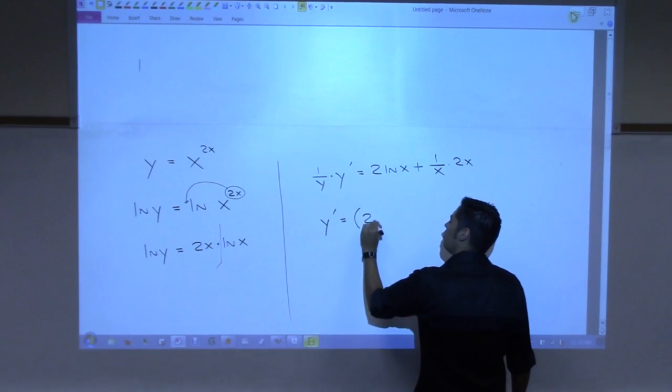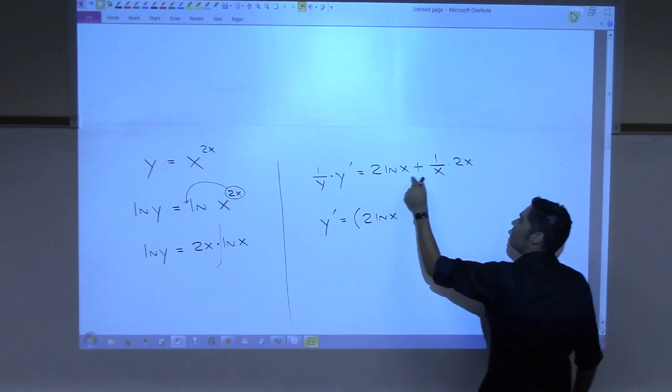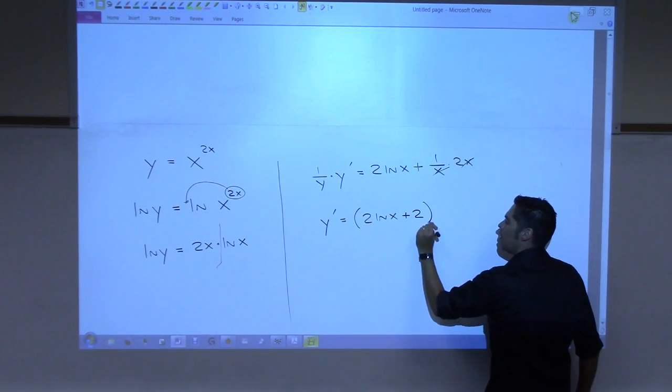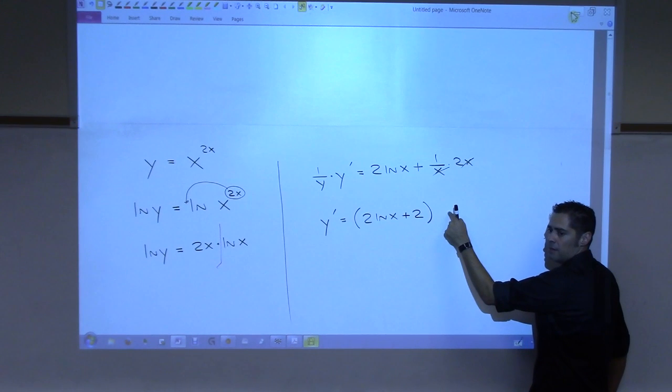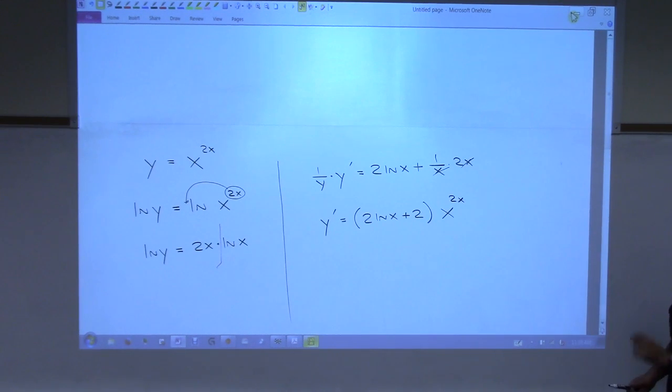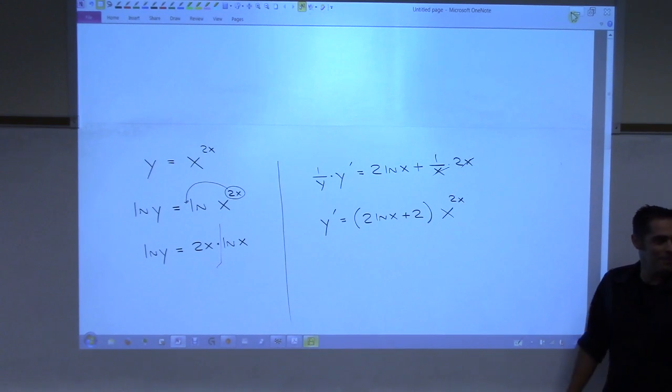So it'll be the 2 natural log x that was there, these x's canceled, and that was just plus 2. And then I have the y that I'm multiplying right here. But what is y? x to the 2x. So the derivative of x to the 2x is that.